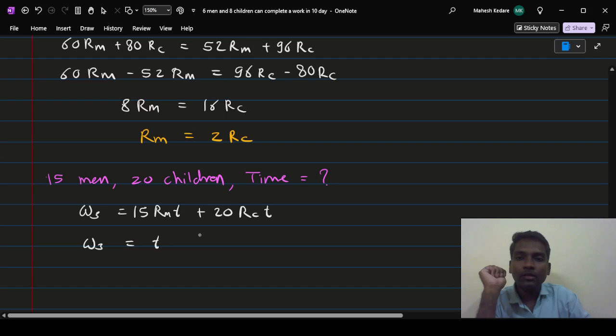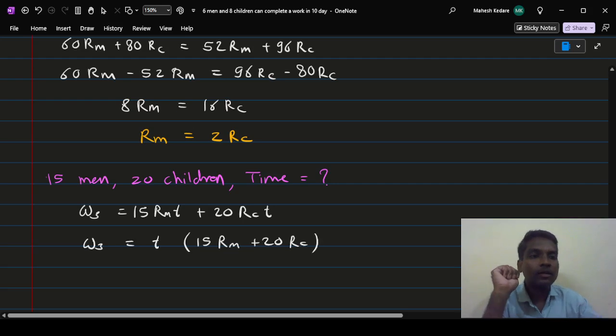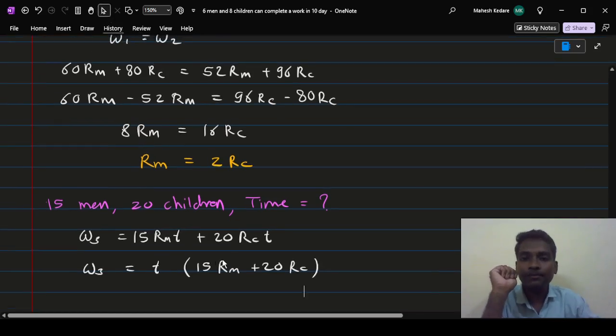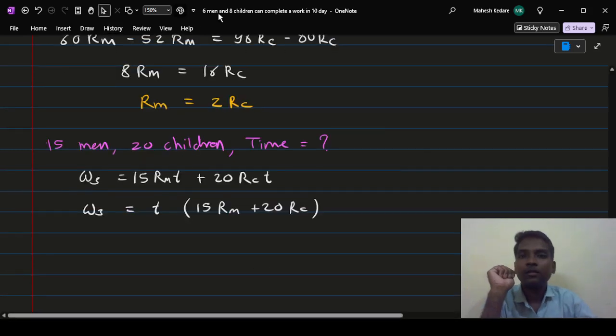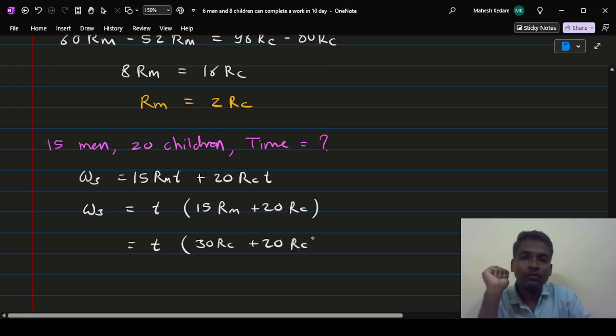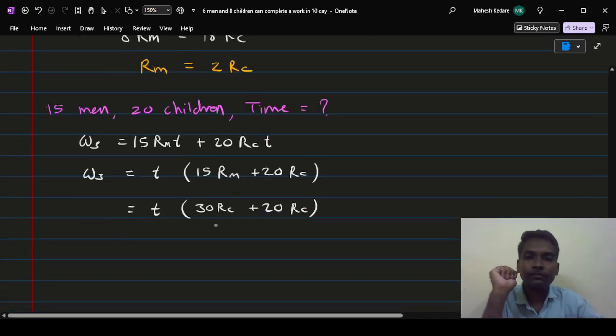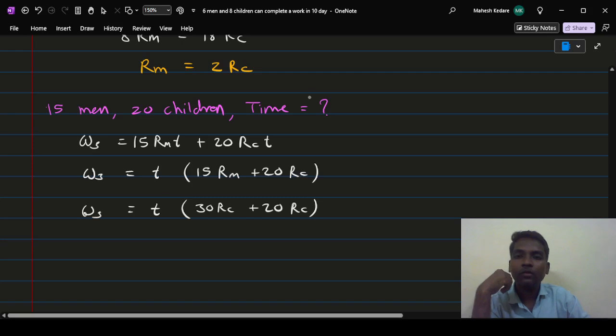In W3, T can be taken common, and we have T times 15 Rm plus 20 Rc. Again we substitute for Rm as 2Rc from this equation. And then we have 30 Rc after substitution, equal to W3.